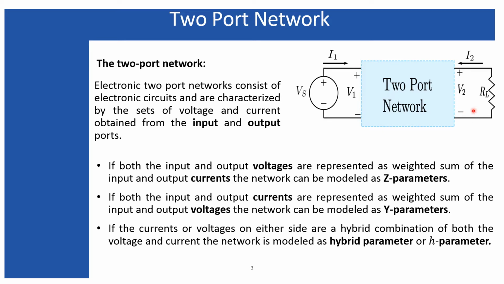Similarly, the output current is a function of the input current as well as the output voltage. Such a hybrid mix takes place in the two-port network. Then we cannot use either of these two parameters, the Z parameter or the Y parameter. Yes, there is always the possibility to convert from the Z parameter to the Y parameter, or the Y parameter to the Z parameter.